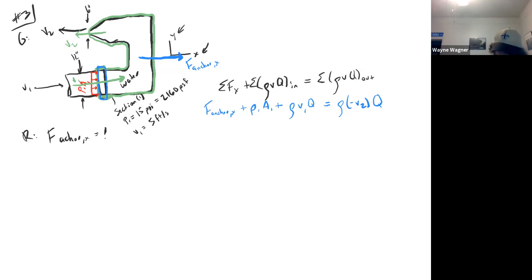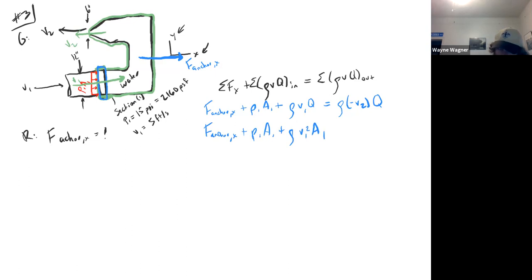What I'm going to do in this case, in order to make this, at least to me, seem easier, and this is common, is F anchor X, plus I'm going to leave it as P1A1, and then rho V1 squared A1, because I'm going to turn that Q into V1A1.